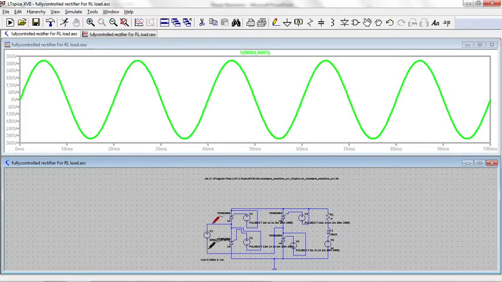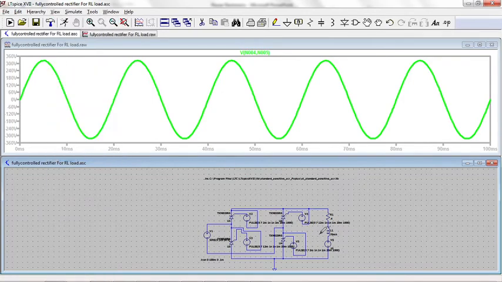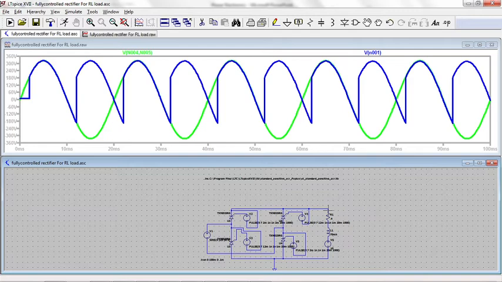We'll measure the output also. Probe reference, you keep somewhere here and measure this. See, this is my output.